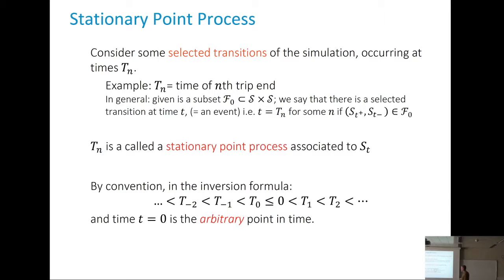Then there will be events that have occurred before, infinitely many probably for most simulations, and infinitely many in the future as well. So a typical interval between two events is the interval T0, T1. It's one convention that's often used, not always, but very often, and it makes the notation a bit easier. I mean, the difficulty with Palm calculus is really the notation and the framework.